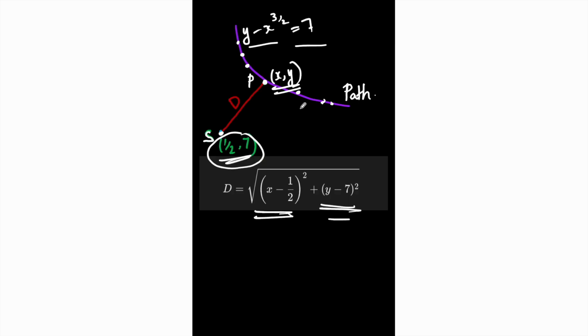Let's try to expand this equation. Square root of x minus 1 by 2 the whole square, but what is y here? y must be 7 plus x raised to 3 by 2. So let's substitute here 7 plus x raised to 3 by 2 minus 7 the whole square. The 7 will get cancelled.